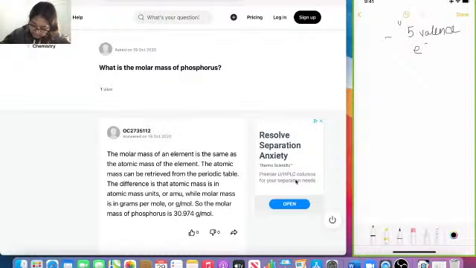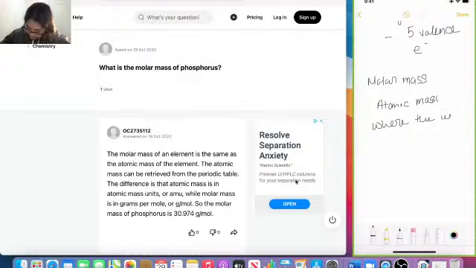However, to find the molar mass, we can say this is the same thing as the atomic mass, where the units are different.